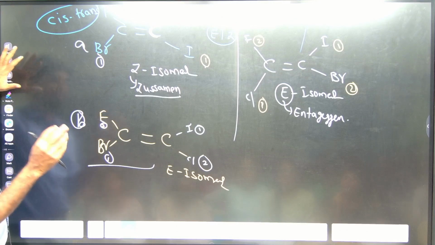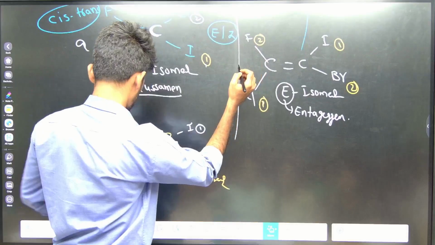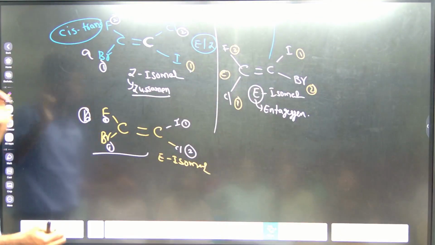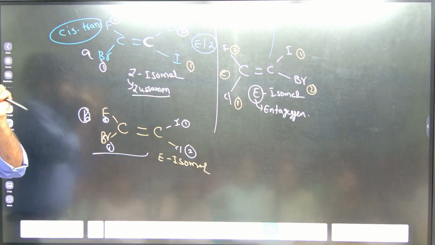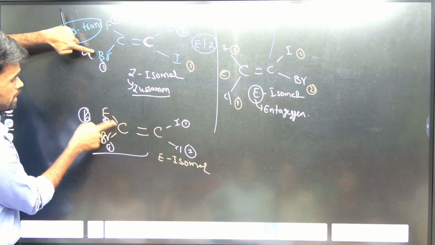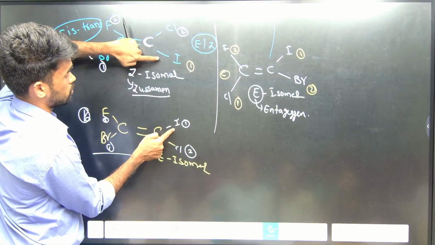Be a little conscious. What is the relation between A and B? Let us say this is C. How do they differ? A and B. See, just check the bond connectivity. CFBr. This side also I, here also Cl.